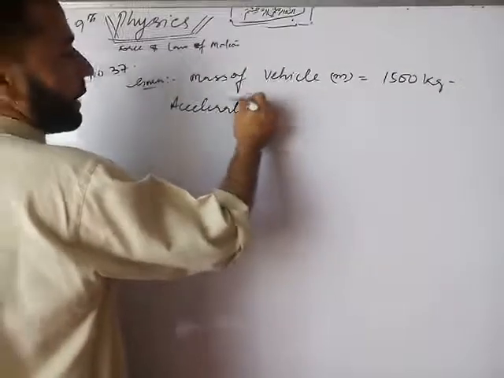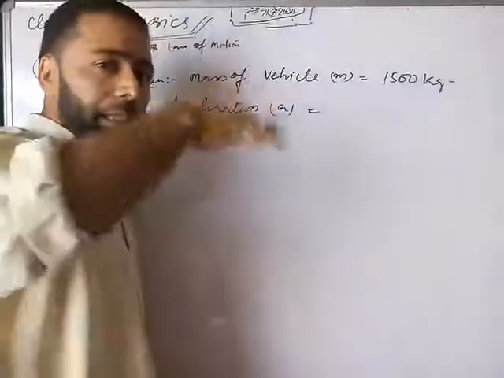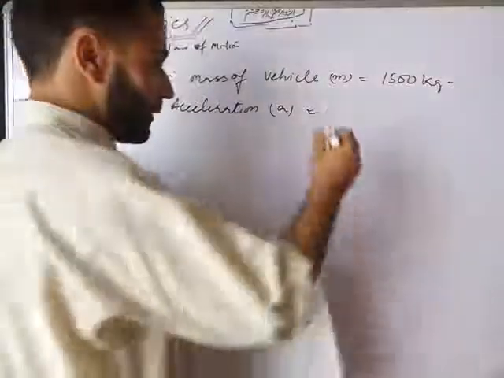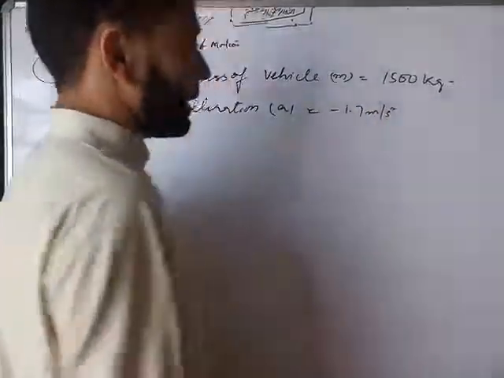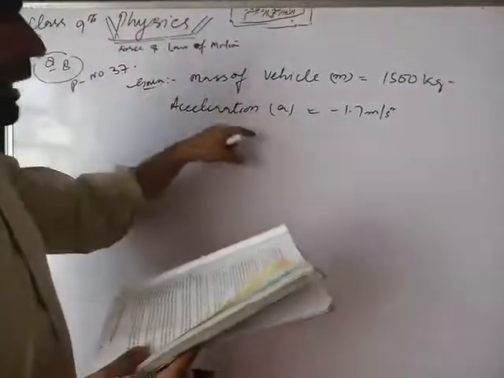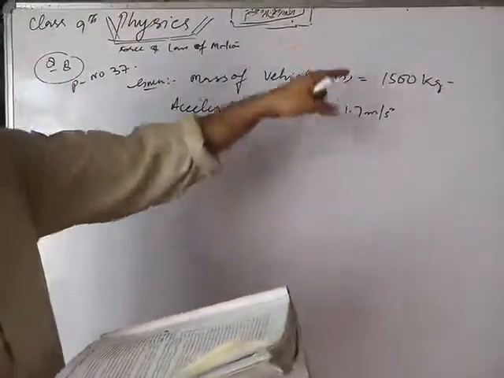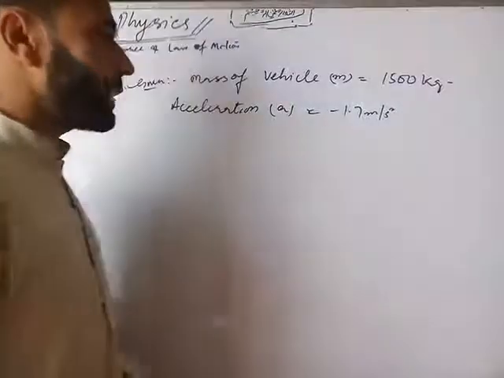Acceleration A is also given. Negative acceleration means decrease in velocity. That is equal to minus 1.7 meter per second square. क्योंकि ये वहीं से कह रहा है कि negative acceleration is created. That means force is applied to create a negative acceleration. Negative acceleration means force is applied to decrease its velocity at a rate of 1.7 meter per second square.